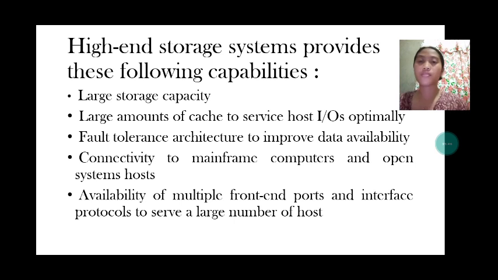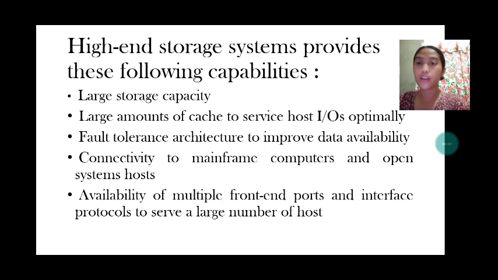Then, high-end storage system provides the following capabilities. These are the advantages of the high-end storage system. The first one is large capacity storage. As I've said in its definition, high-end storage system is generally aimed at large enterprise applications, so it must have a large storage capacity.